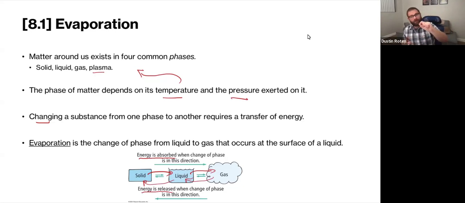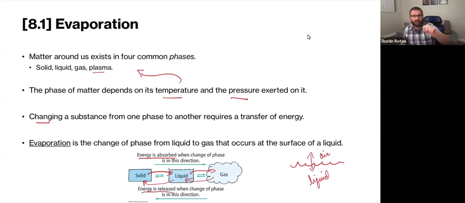Now, if we think about just the change of phase from a liquid to a gas, especially if we just think about the surface of a liquid, so maybe we have water or whatever the liquid may be. If we think about this interface here between the surface of liquid and air, this is one of the two transfers we're going to talk about: evaporation.